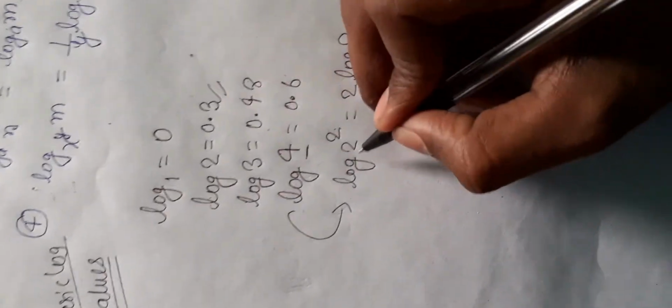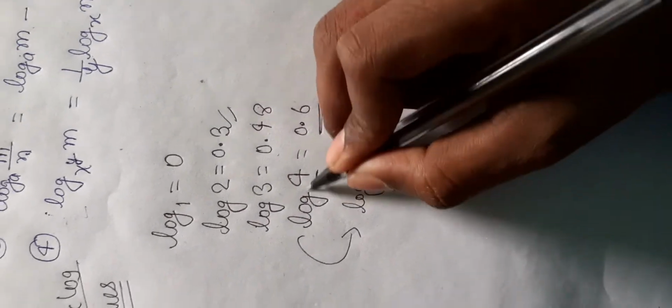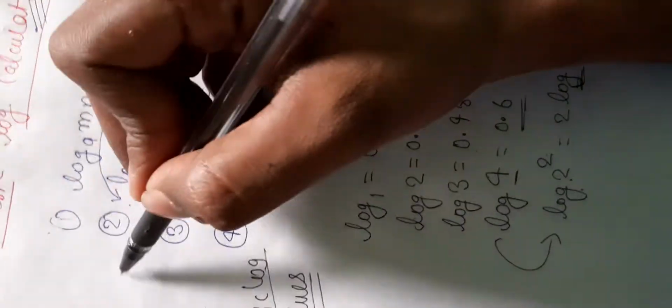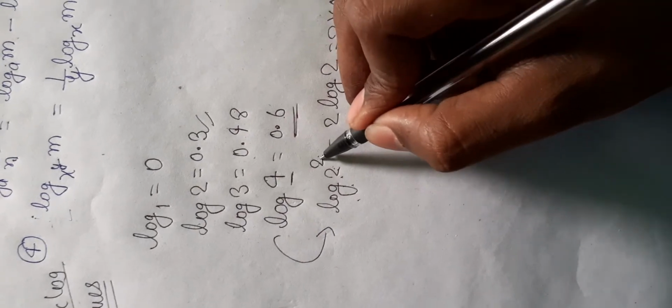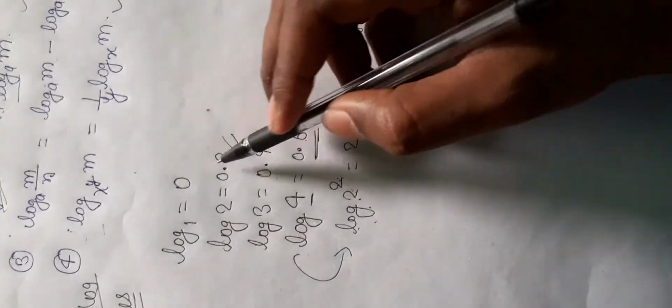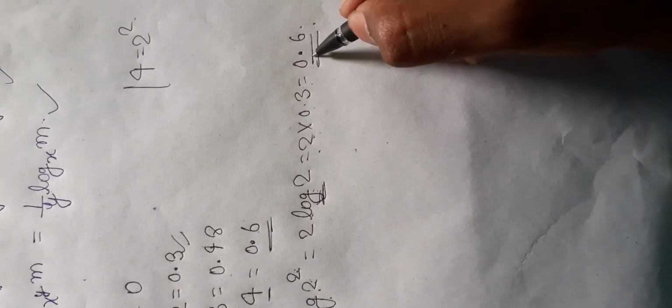That is the value of log 4. By using formula number 2, 2 into log 2, 2 into 0.3 is equal to 0.6.